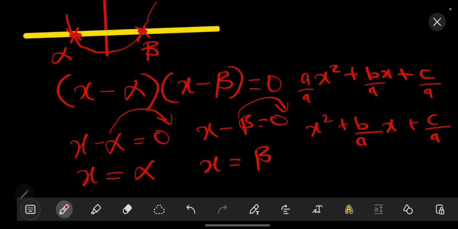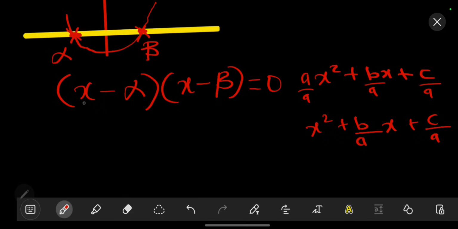So in this regard, if you have x minus alpha and x minus beta, it means alpha and beta are the roots of an equation. These are just a fancy way of saying the x coordinate at the x-intercept. Now let's expand this.